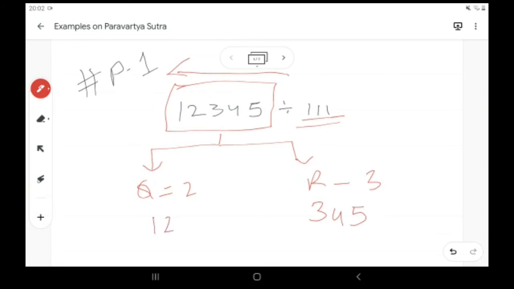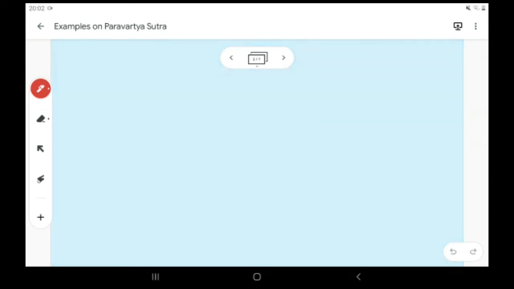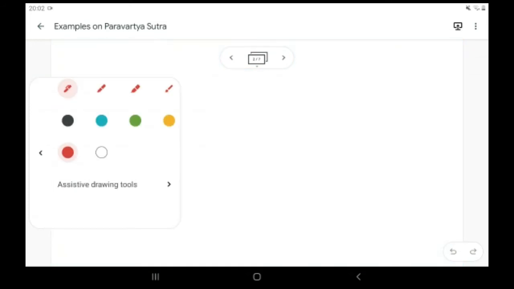Now, we are supposed to calculate an important number, which can also be called the exceeding number, or the extra number, En.